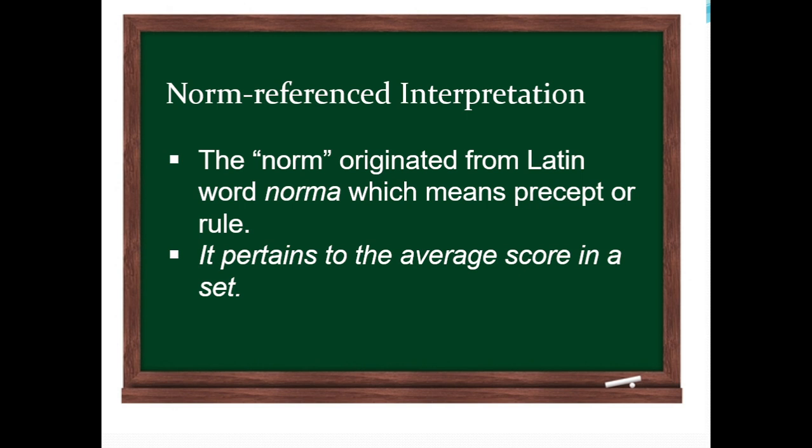Norm-referenced interpretations are explanations of a learner's performance in comparison with other learners of the same age or grade. A learner's knowledge is gauged in terms of his or her position in the norm group. The use of standard score and percentile rank are common in norm-referenced interpretation.